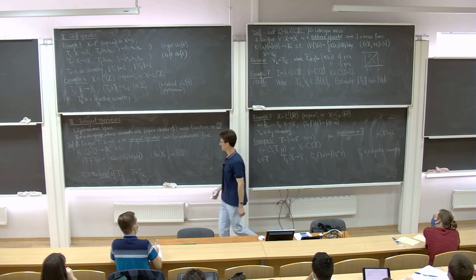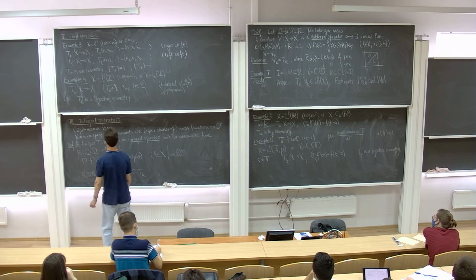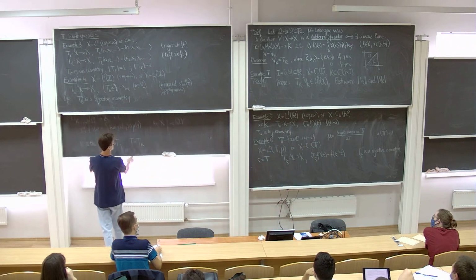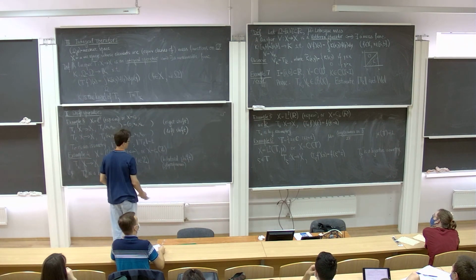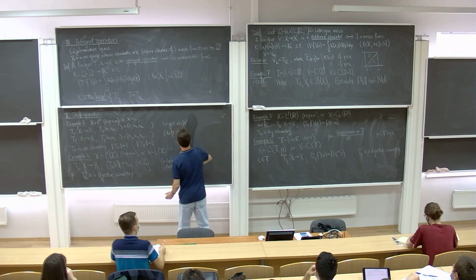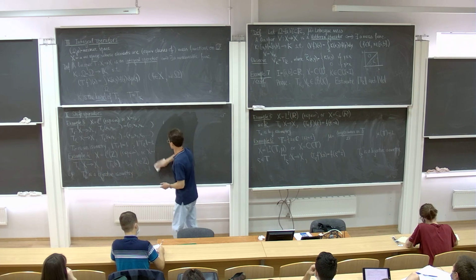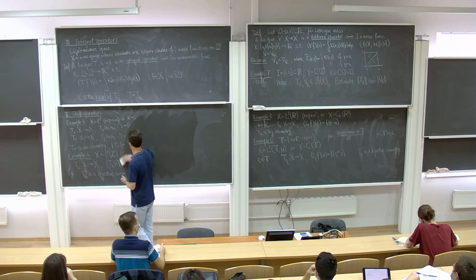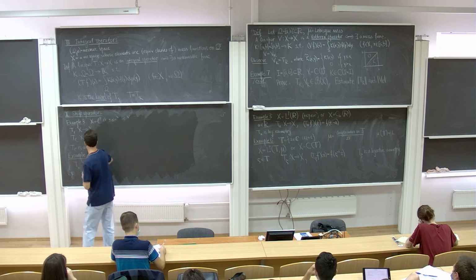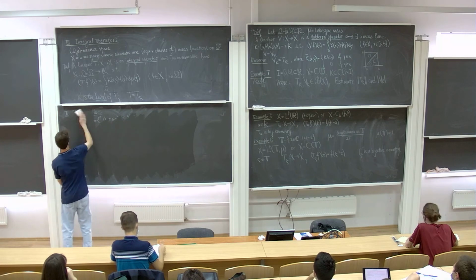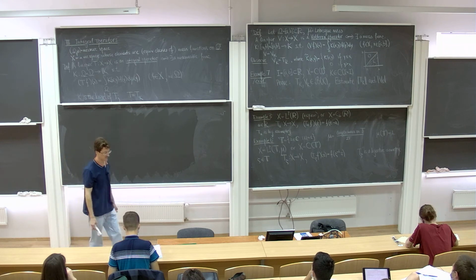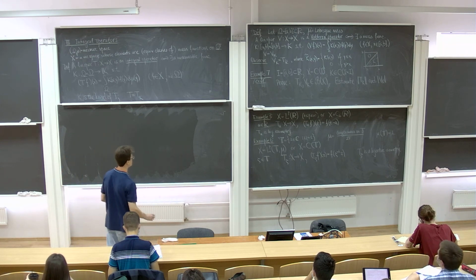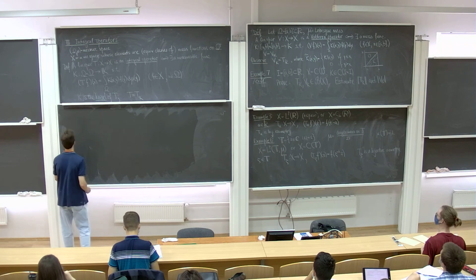And another special case, which is maybe even more important, is the case where the space consists of square integrable functions, and the kernel K is also square integrable. This is a so-called Hilbert-Schmidt integral operator.